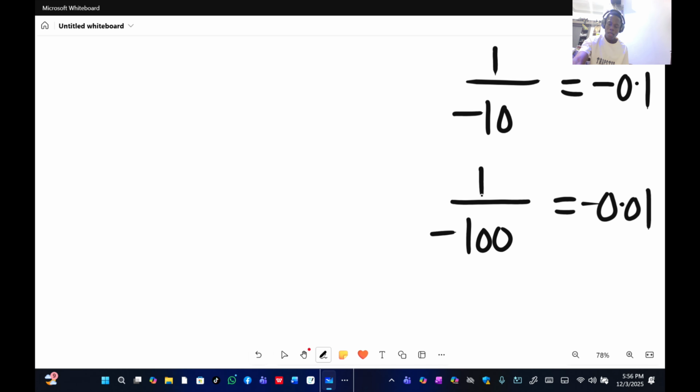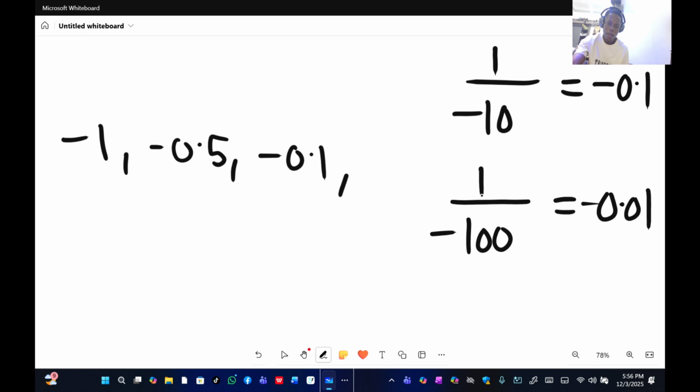So you will see that the numbers we have are negative 1, negative 0.5, negative 0.1, and negative 0.01. Now, you could see that on the negative side of numbers, the one with the smaller value is the one that looks bigger.